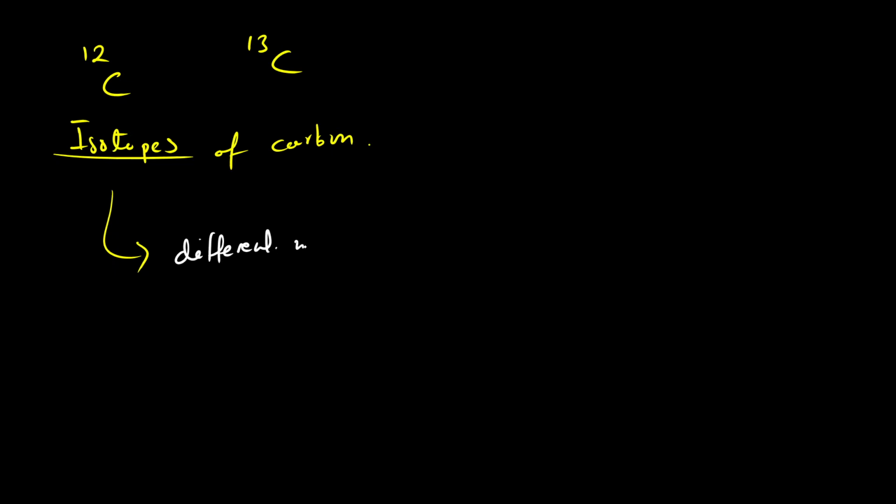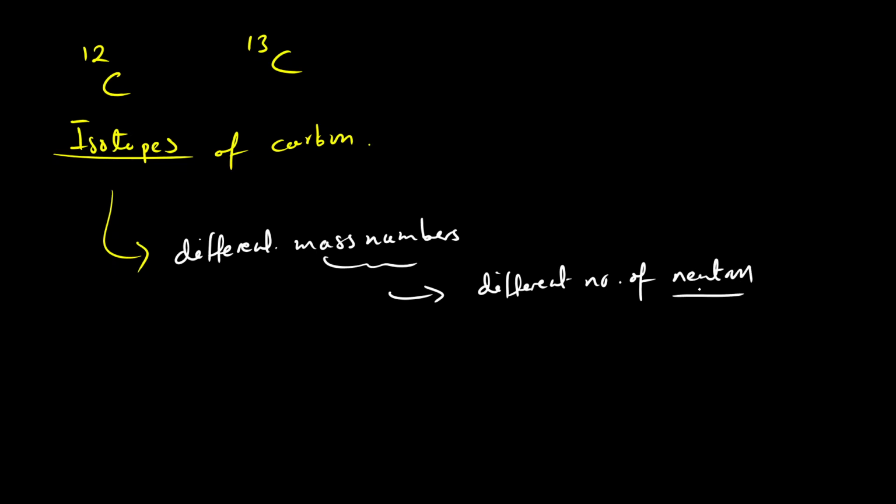Different mass numbers due to different numbers of neutrons. Okay, different mass numbers are due to a different number of neutrons. However, please write down that they have the same number of electrons and the same number of protons.